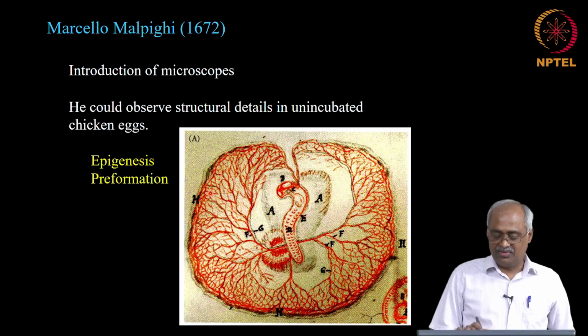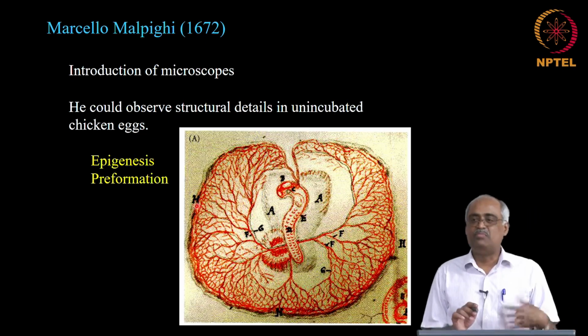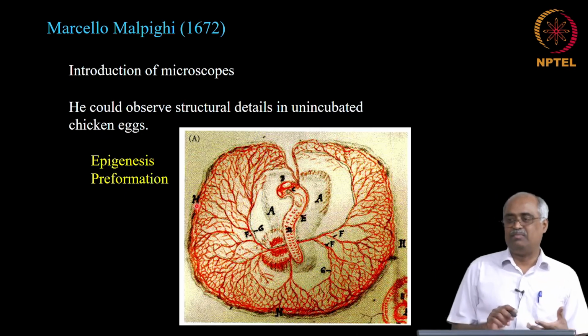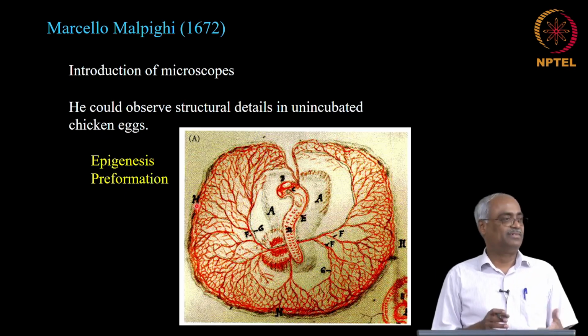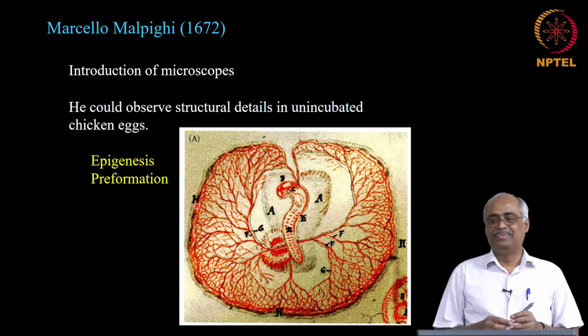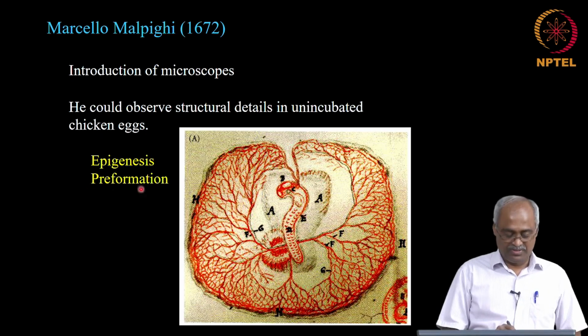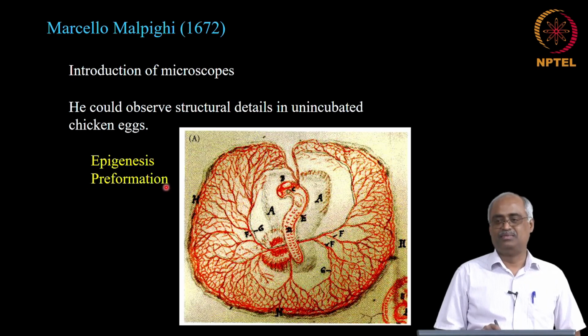He could see a lot of structural details in unincubated chicken eggs, meaning embryogenesis is actually not yet taking place, but then he could see the details. But he saw too much, okay, more than what is there. So that led to a hypothesis called preformation.